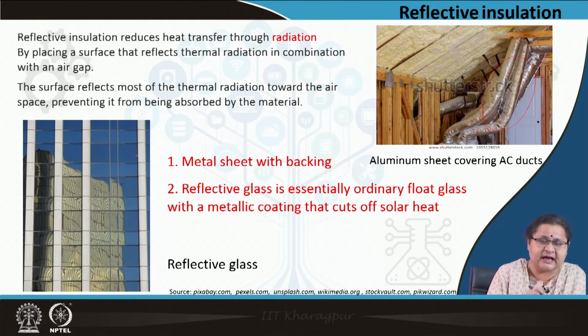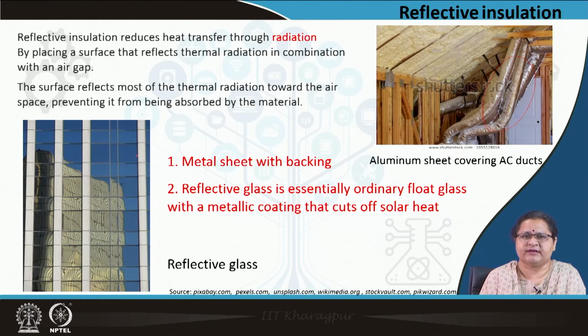Here this is glass, which is again having a metallic coating on top of it, onto which the solar energy, when it is falling, the heat, when it is falling, the radiation is reflected out. So, the surface reflects most of the thermal radiation, thus preventing the heat from entering into the building. So, this is the basic principle of reflective insulation.